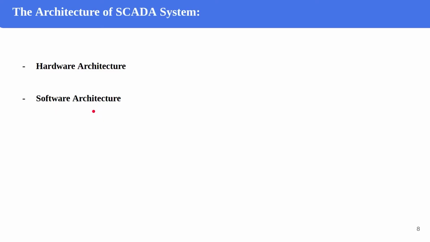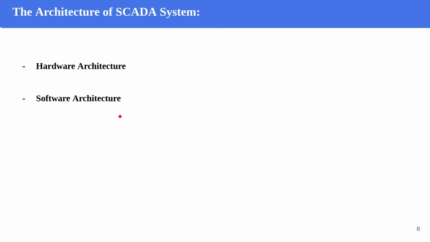The architecture of the SCADA system. We have already seen the components of the SCADA system: the operating equipment, the local processors, RTUs, PLCs, master terminals, personal computers with HMI, and many other components.